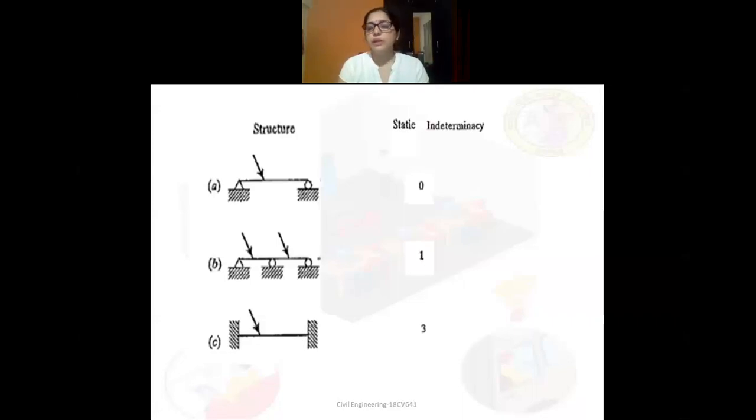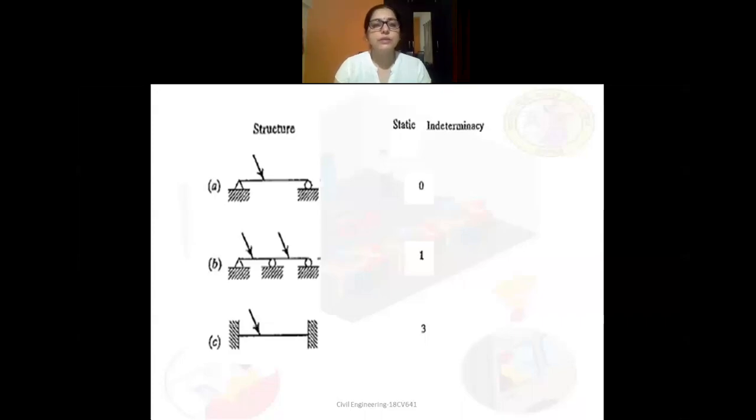How many reactions do you have? At the hinge, one horizontal and one vertical reaction, and at the roller one vertical reaction. So altogether available reactions are 3, and available equilibrium equations are also 3. So 3 minus 3 is equal to 0. So static indeterminacy for a beam with a hinge and a roller support is 0.